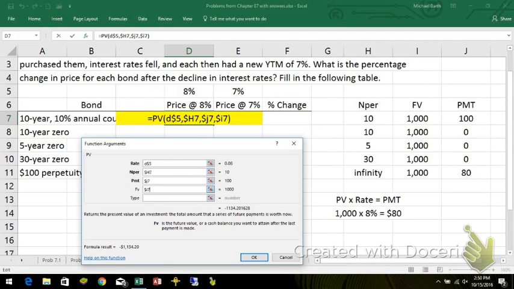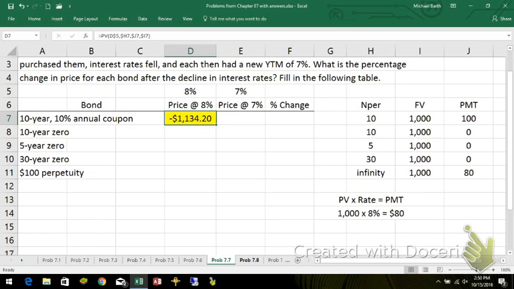By using the dollar signs in here, I've set it up so that I can simply copy this over, and the only thing that'll move is instead of looking in cell D5 for the interest rate, it looks in cell E5. You can see that up here in the formula bar. The dollar sign in front of the column for H, I, and J keeps that from changing when I copy it over.